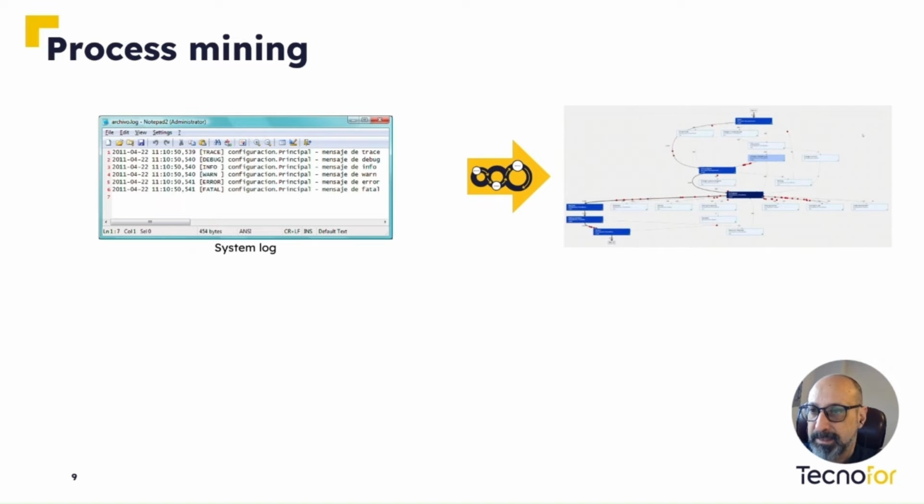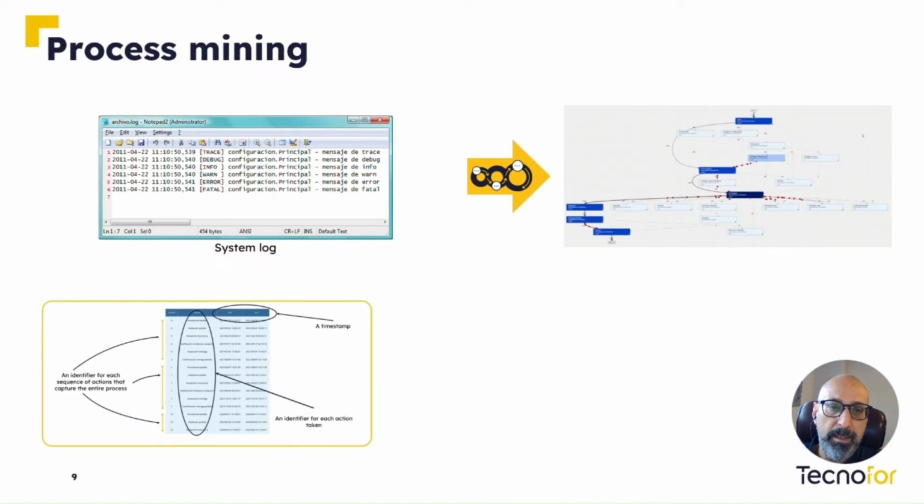Basically, what we're going to do is rely on the system logs. In our case, we are going to use Jira Software and Jira Service Management event logs to get information and transform it into something that we can easily interpret and use. Okay, and there are two main pieces here.